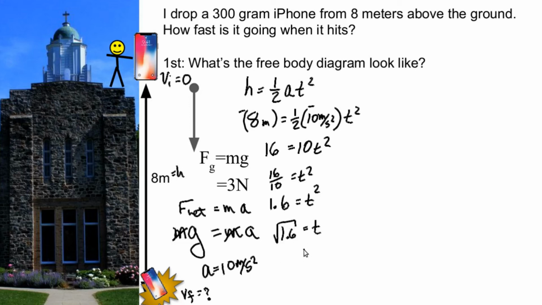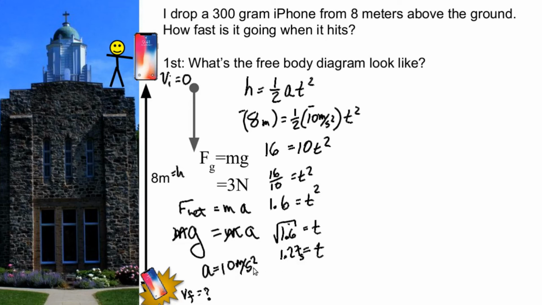I will check that with my calculator, but I'm thinking, I know that 12 squared is 144, 13 squared is 169, which looks like 100 times 1.6-ish. So it's going to be something between 1.2 and 1.3. It turns out, this is 1.27 seconds. It takes 1.27 seconds for the iPhone to fall from the top of the chapel to the ground.